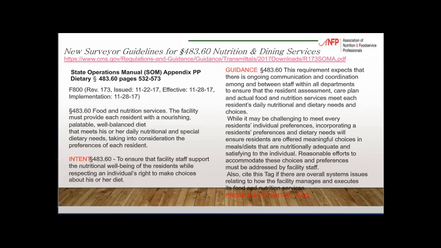And on there, it also lists other potential tags for further investigation. So, for example, if we were taking a look at F807, which is each resident receives and the facility provides food and drink, it tells you that other potential investigations could include comprehensive assessments, comprehensive care plans, and the resident's right to make treatment decisions.